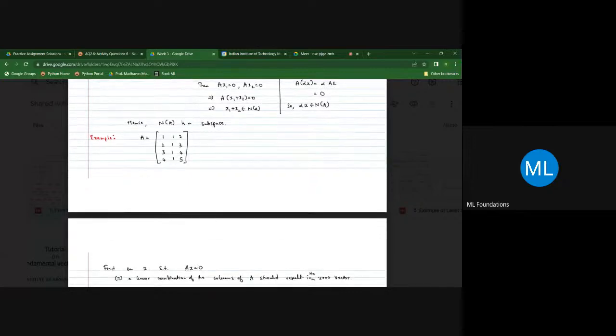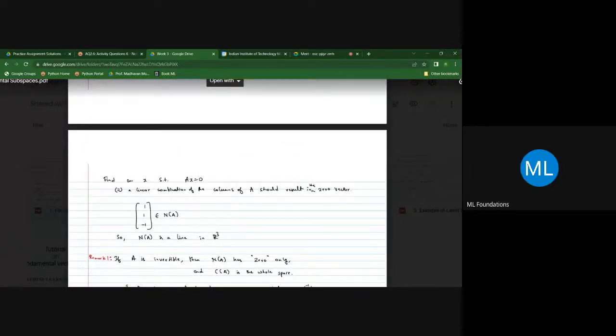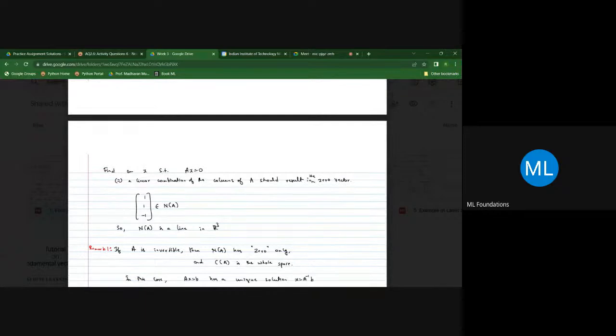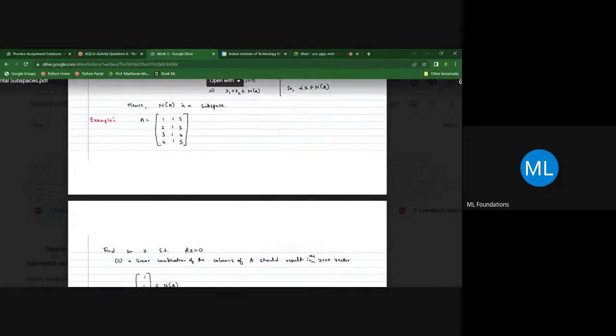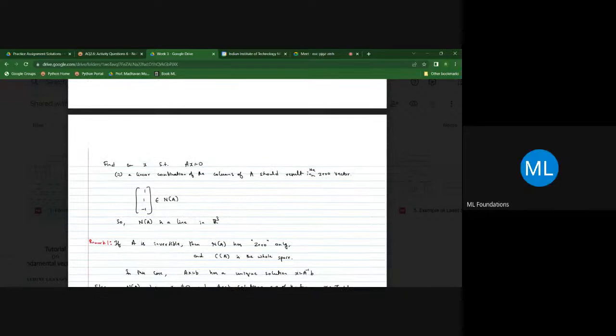That is why we are saying that the linear combination of the columns of A should result in the zero vector. In this particular case, C1 plus C2 minus C3 will result in the zero vector.